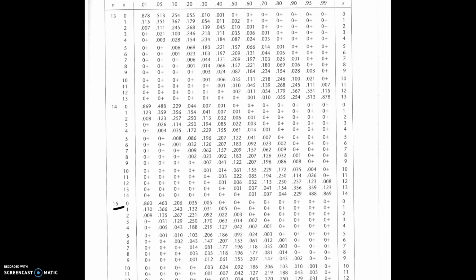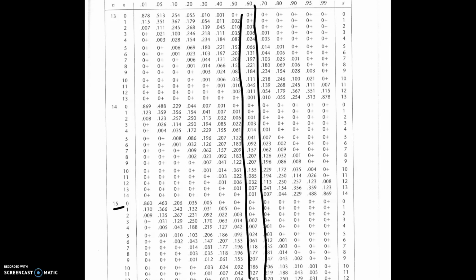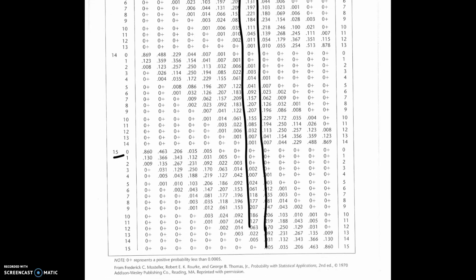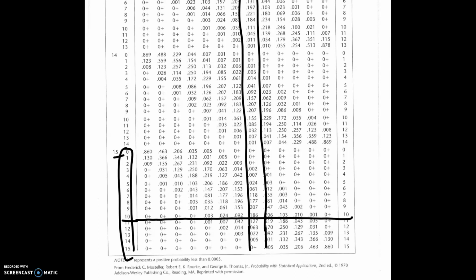My p-values are still at 0.60, so I'm somewhere in this little section right here. Let's go down a little bit. Now here's all of our x values right here, and we were looking for exactly 10. So I'm in this row right here.